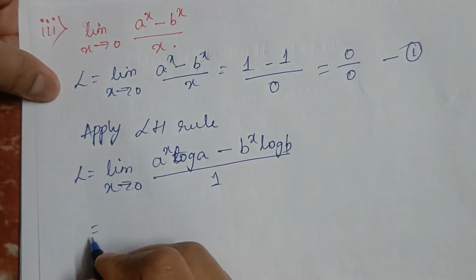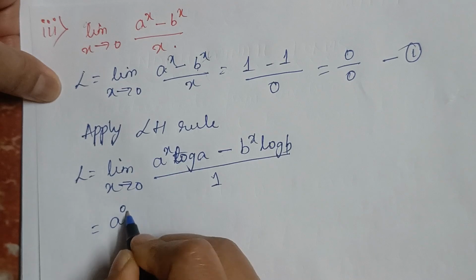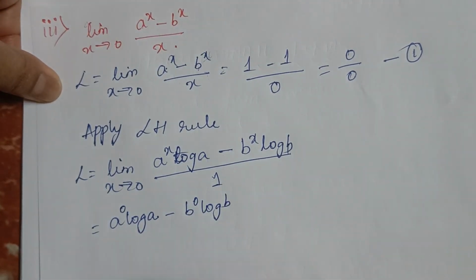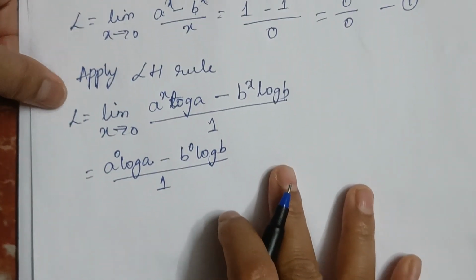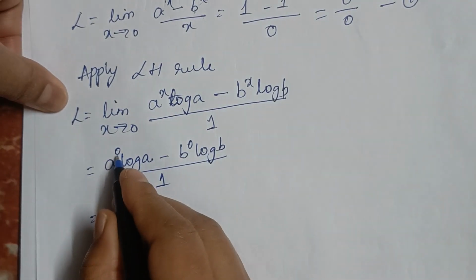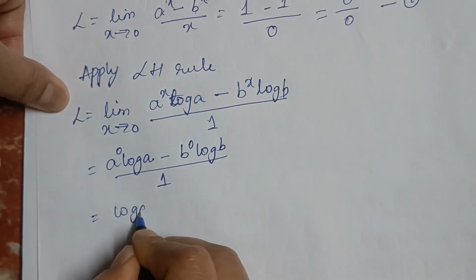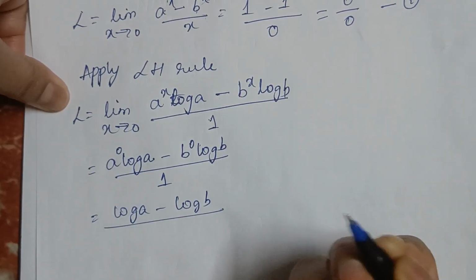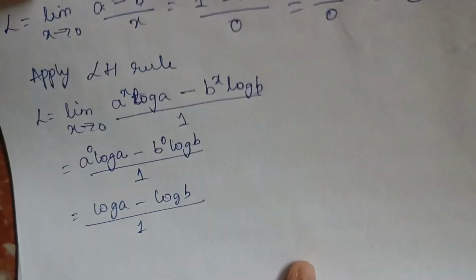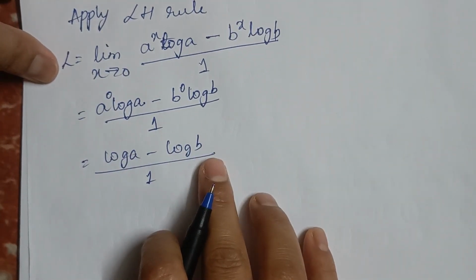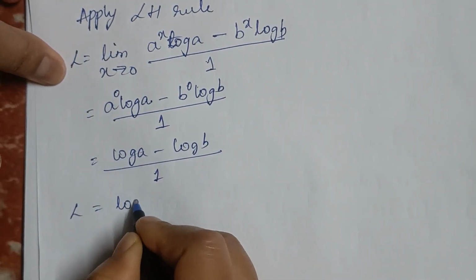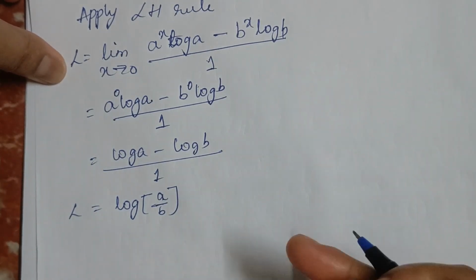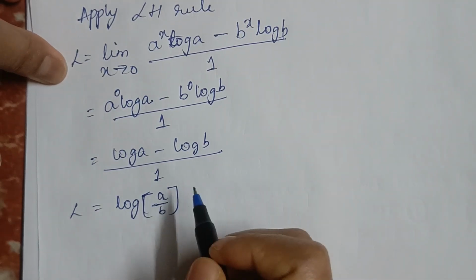Now I will apply the limits. After applying the limits, it becomes a power 0 log a minus b power 0 log b, divided by 1. Anything to the power 0 is 1, so it is simply log a minus log b divided by 1. Even if I don't write 1, it is fine. So log a minus log b, if you remember the formula, is log of a by b. This is some determinate form.